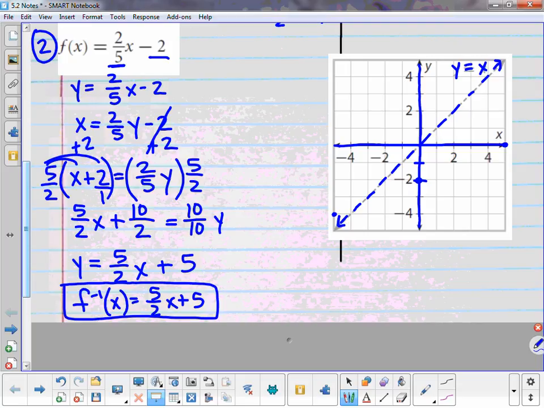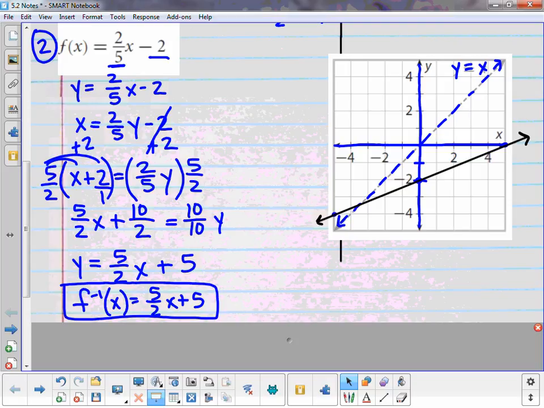And anyhow, go ahead and draw your line. I'm actually going to use the line tool so it will be straight. Okay, so that is the original function that we had, the 2/5 x minus 2.